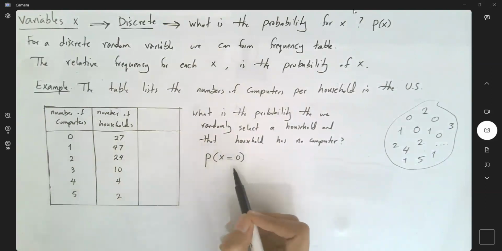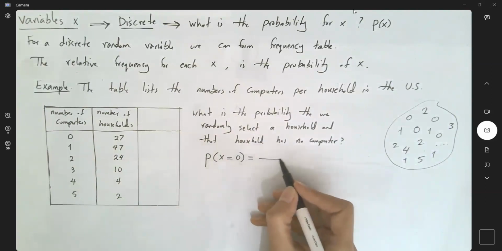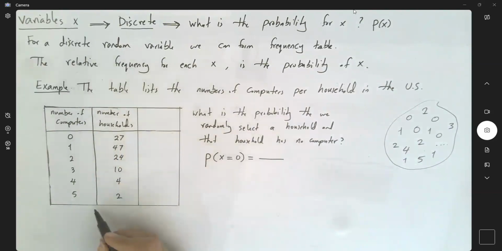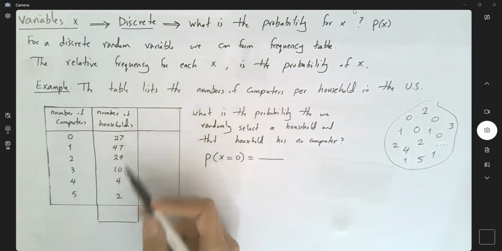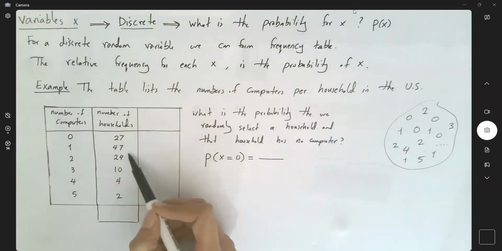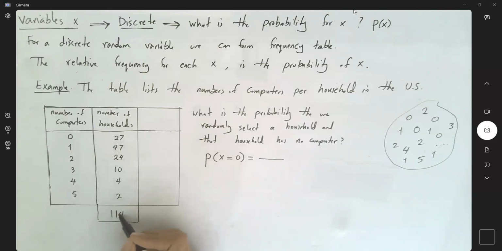What is the probability that you randomly select a household with no computer? Remember that it is equal to the relative frequency. So how many households were there in total? To find the number of households participating here, we need to add all of these numbers together. After adding them, we see we have 114 households, or we have 114 responses.